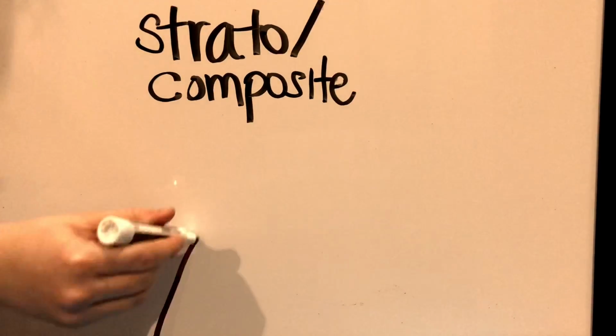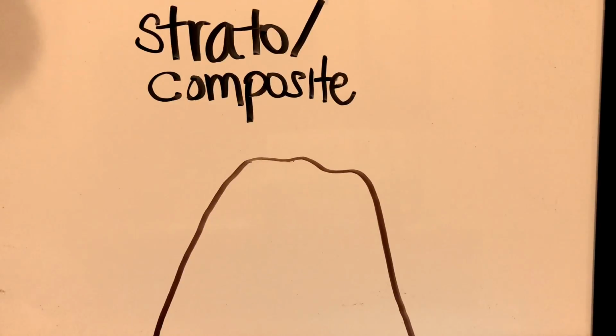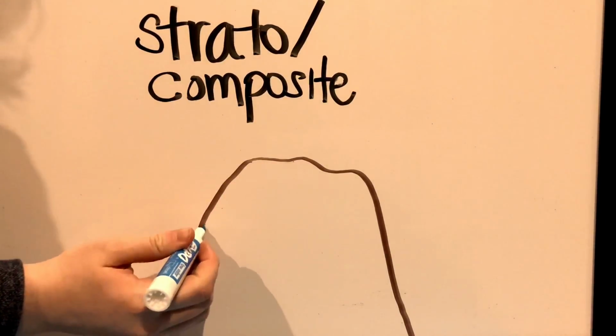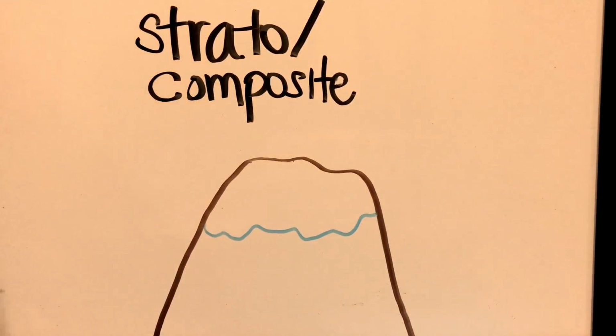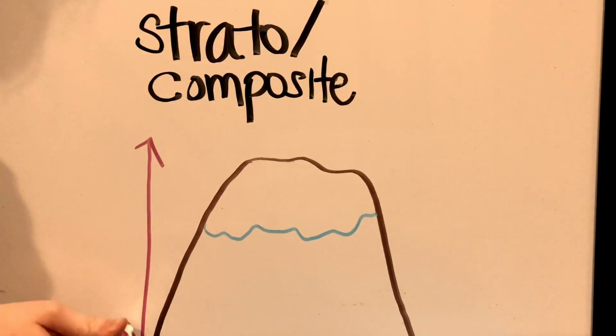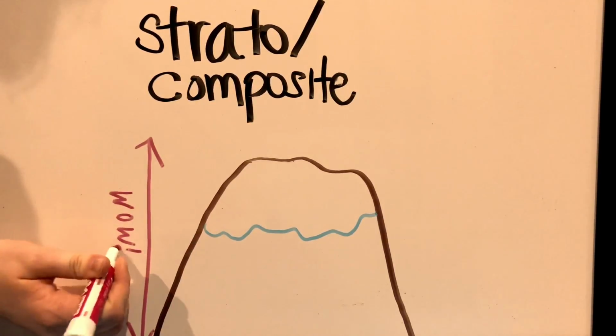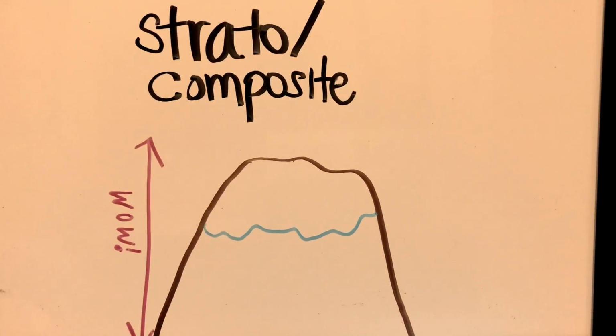And then with the stratovolcano, or a composite volcano, this one is built from different layers of rock and lava, and they're typically really, really big, and they have a peak at the center hole that people are so used to seeing where the lava comes out.